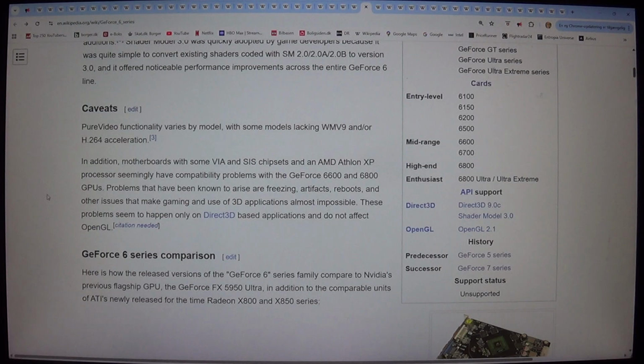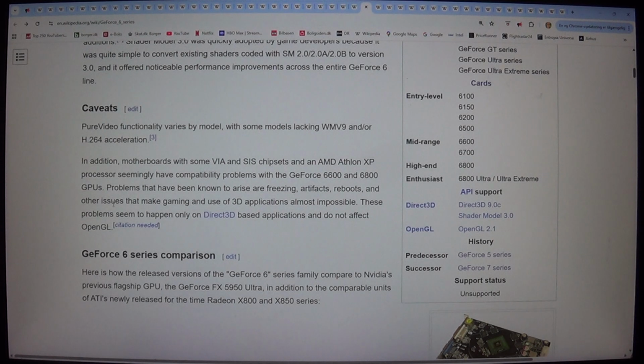Problems that have been known to arise are freezing, artifacts, reboots, and other issues that make gaming and use of 3D applications almost impossible. These problems seem to happen only on Direct3D-based applications and do not affect OpenGL.